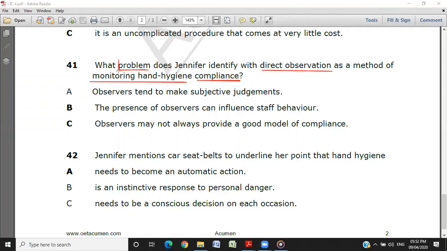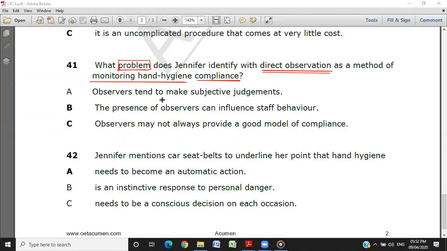So maybe she would here explain an experiment or a study that they did, where direct observation was used as a method to monitor hand hygiene, and then she may explain what problem they faced if they used direct observation, which means one person was there in the wards directly observing the staff if they were washing their hands or not. So this is what I have to do, prediction from the question.